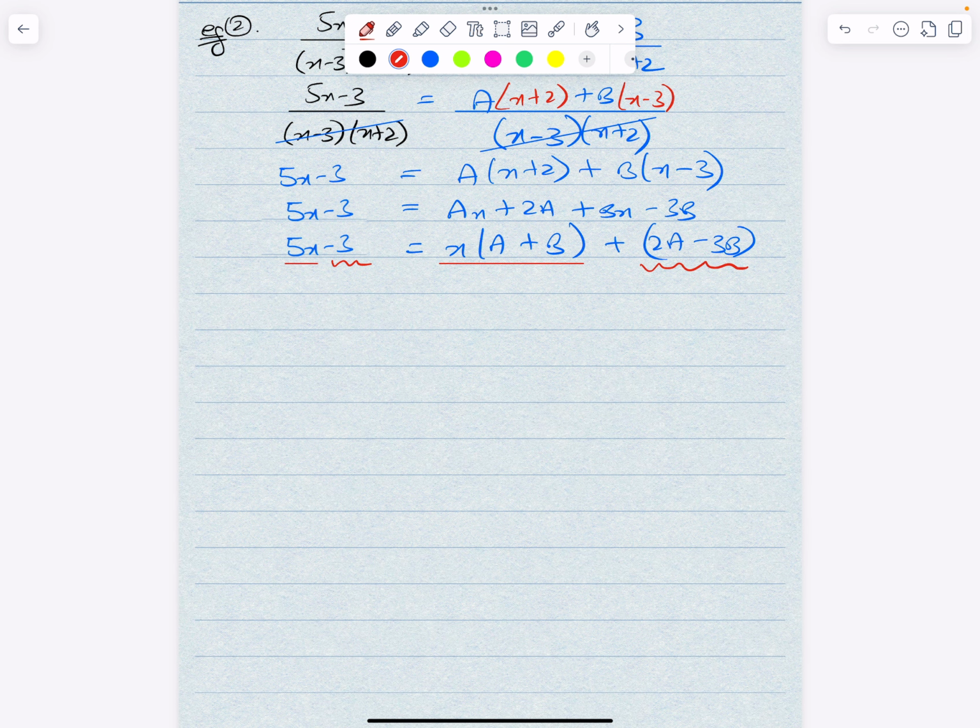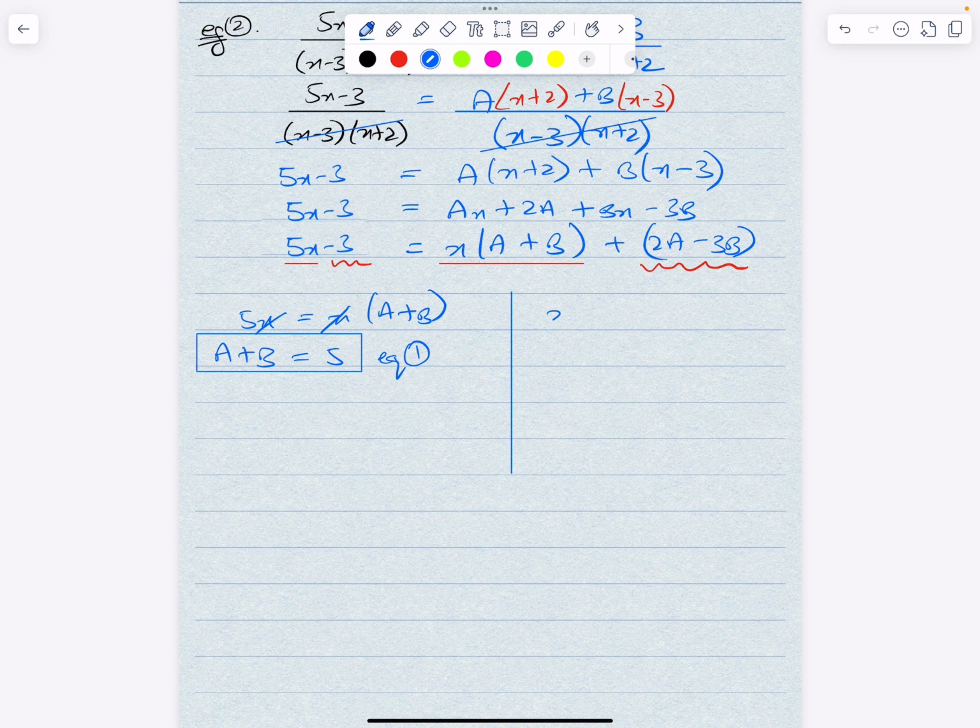So I have 5x is equal to x(A plus B). The x's cancel out and I have A plus B is equal to 5 as the first equation. And appreciate the fact that whenever I have two variables, we usually have to solve simultaneously.